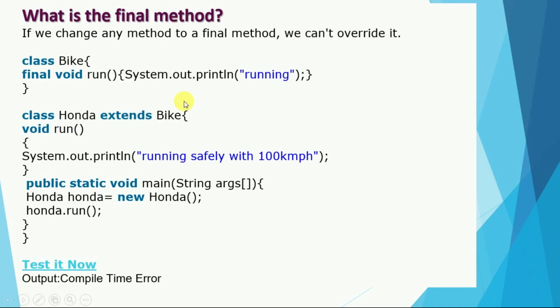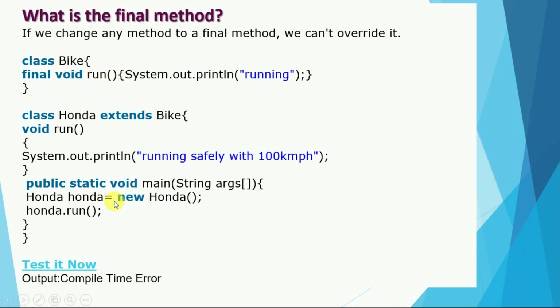So what is a final method? If we make a method final, we can't override it. We have a class Bike with a final run method, and a child class Honda. In the Bike class the run method has a print statement, running safely with 100 km/h, and in the Honda class we have a run method with a print statement, running.